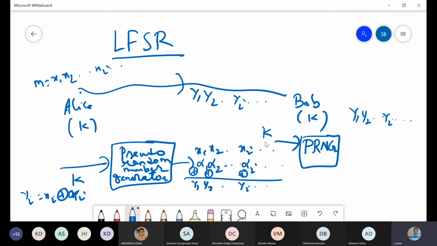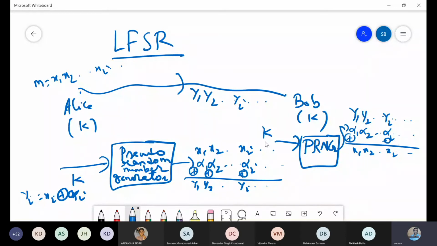Once Bob gives the same input as a key, it will give us the same key stream bits. That is important. We should get the same key stream bits. Then Bob will XOR with this, and Bob will get back the message. That is basically the whole idea of the stream cipher.